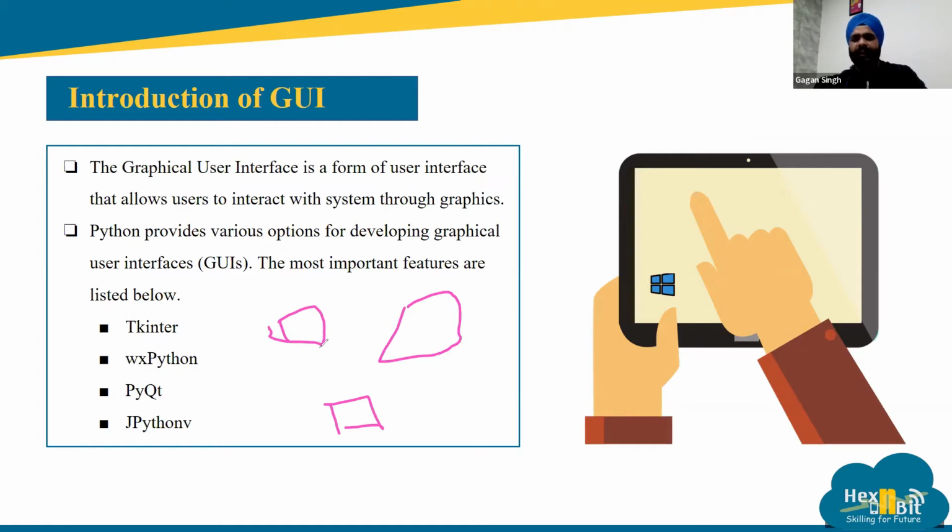For example, the most common example these days is the mobile phone. A mobile phone is accessible by everyone, whether you are educated or uneducated, it does not matter. With the help of the icons that are available, an individual can easily work on it, right?